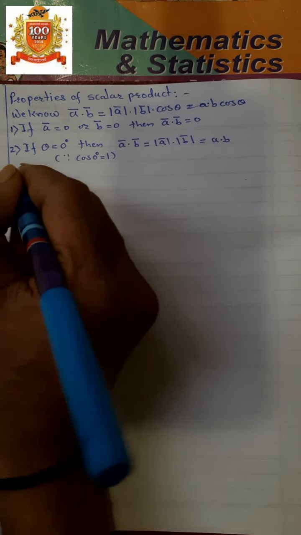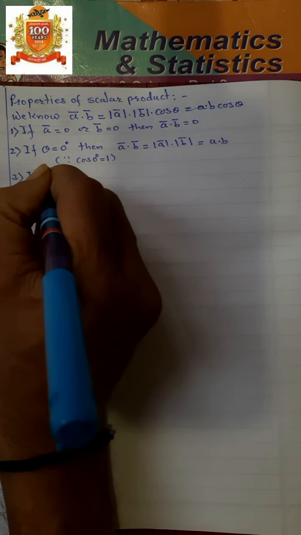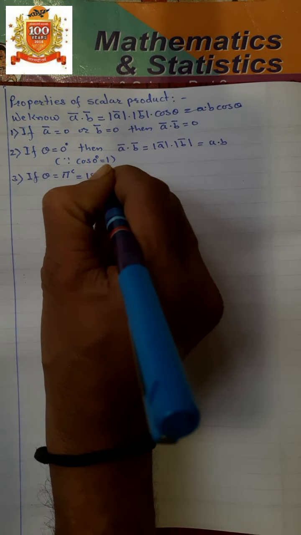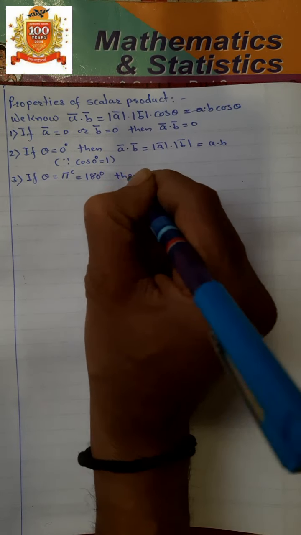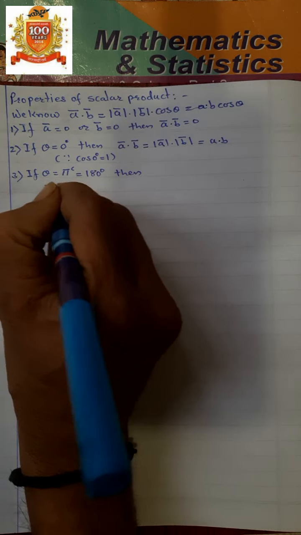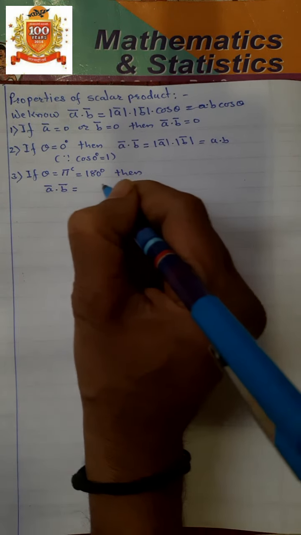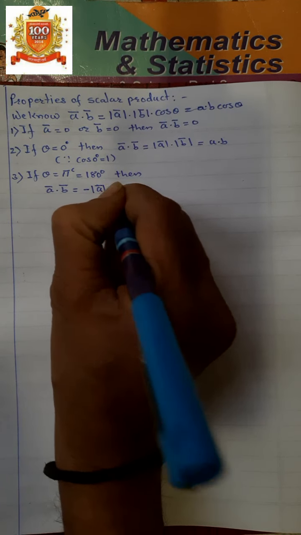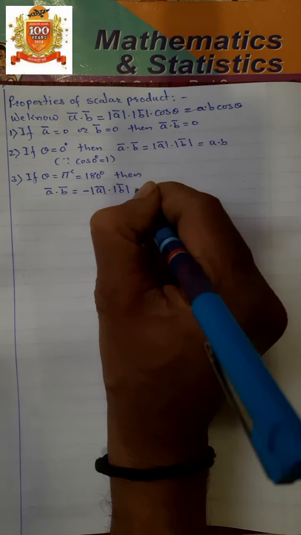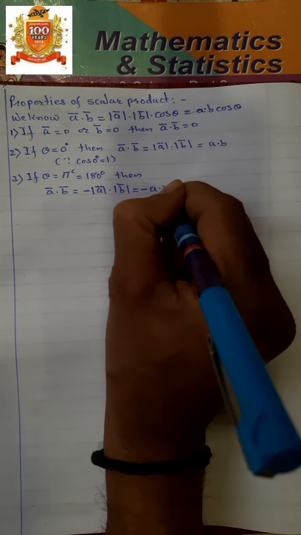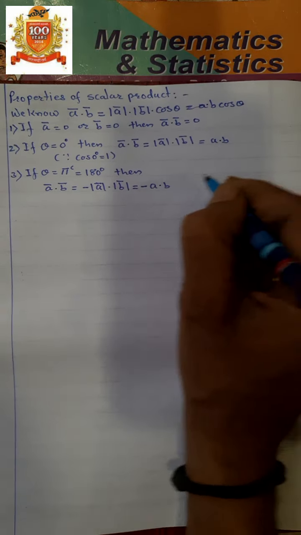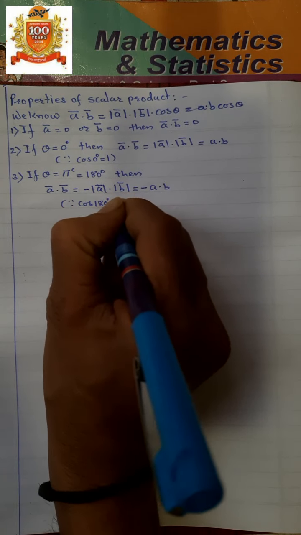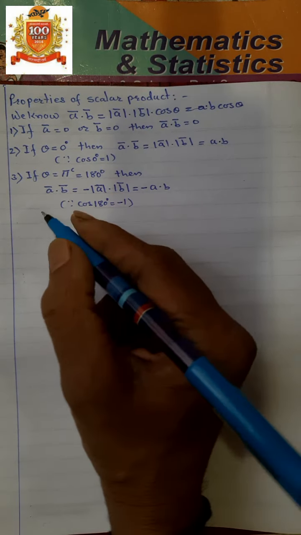Third, if theta is equal to pi radian, which is equal to 180 degree, then a bar dot b bar is equal to minus mod of a bar into mod of b bar. That can be written as minus a into b, since cos 180 degree is equal to minus 1, isn't it?